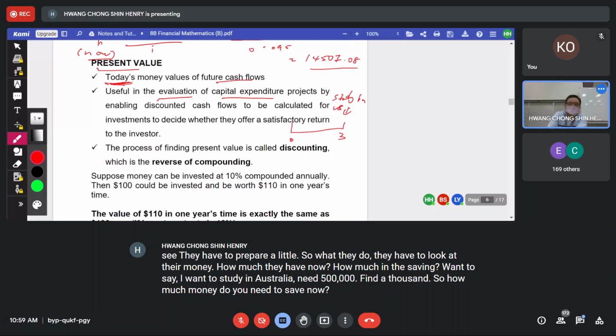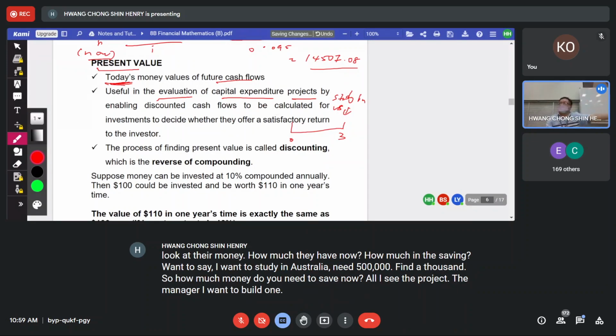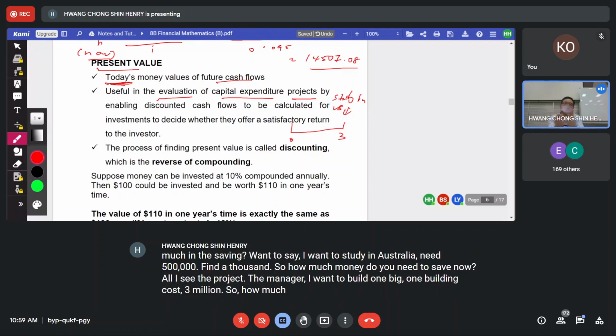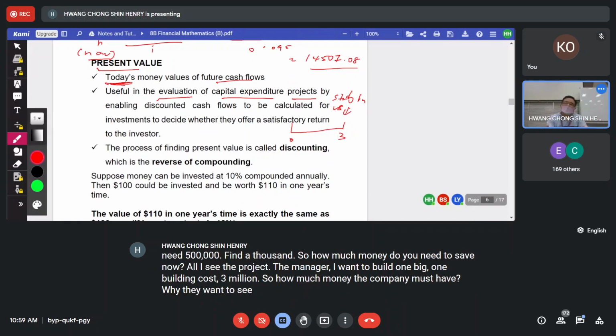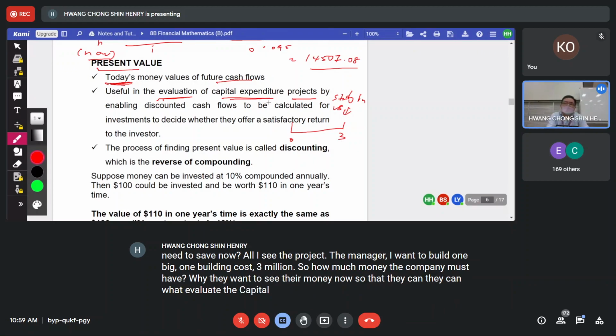Or you see the project, the manager wants to build one building, cost 3 million. So how much money must the company have? Why do they want to see their money now? So that they can evaluate the capital expenditure. Understand?